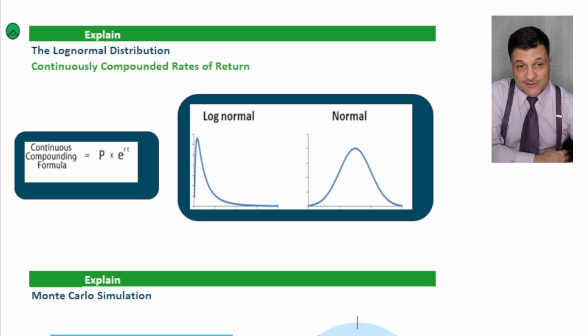Skewness, right? Take a look. This is skewed. Which type of skewness do you see here, positive or negative? You see positive. It's going to the positive numbers. So the log normal distribution is a positively skewed distribution.